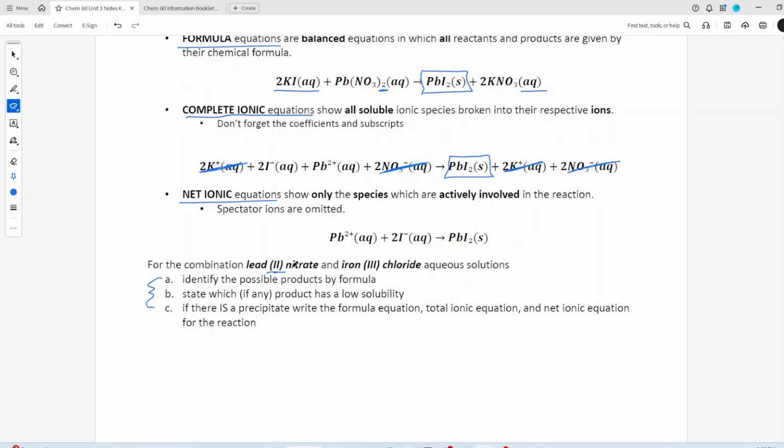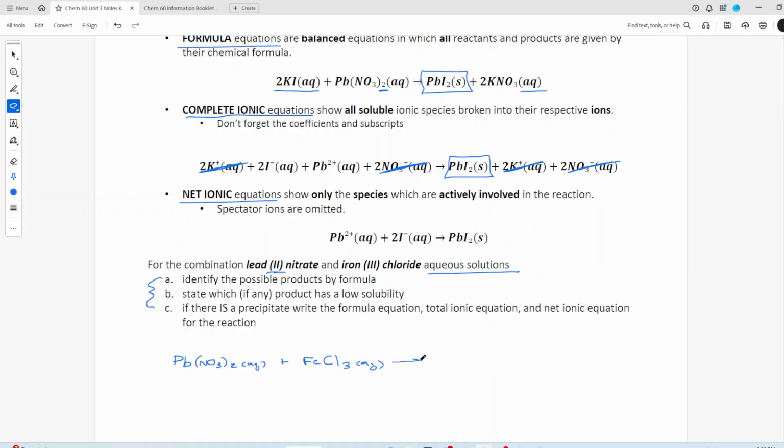If we have lead(II) nitrate mixing with iron(III) chloride, they're telling us that they're both aqueous solutions. So how do we write their formulas? Lead is Pb2+, nitrate is 1-, so we're going to go Pb(NO3)2 aqueous. Plus we're going to have iron(III) chloride: iron is 3+, chloride is 1-, so it's FeCl3 aqueous.